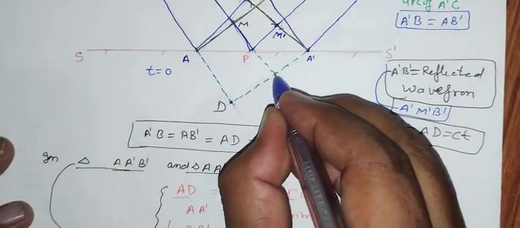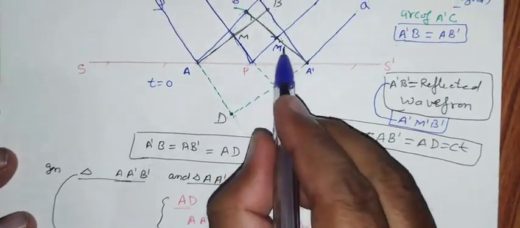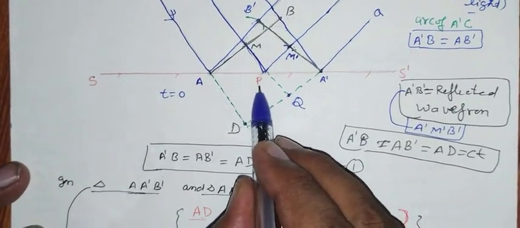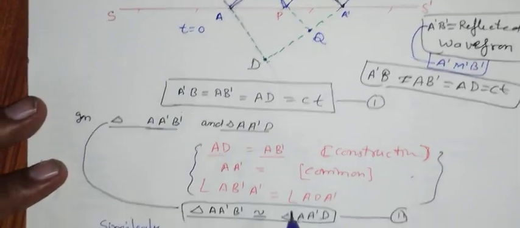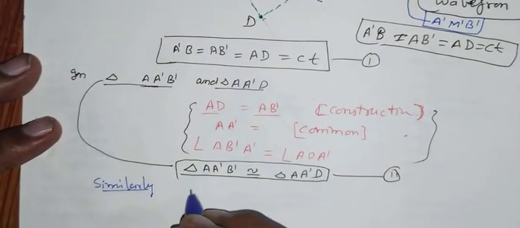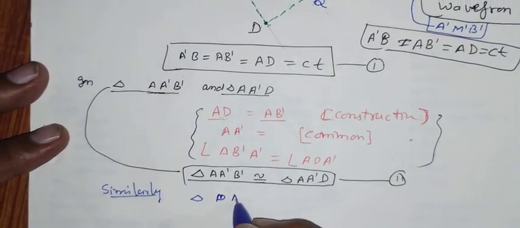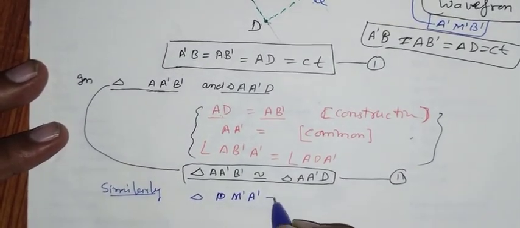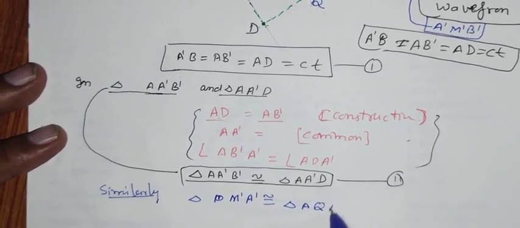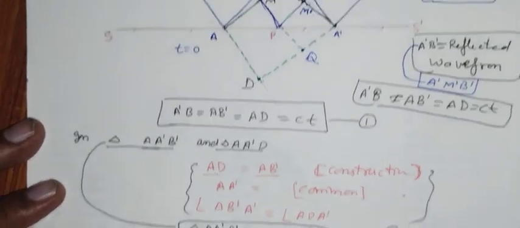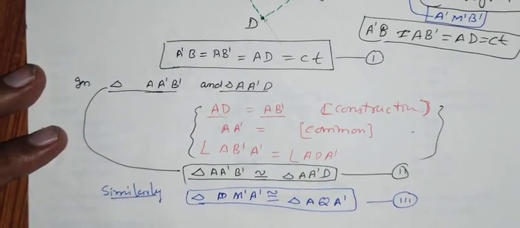If we consider this point as Q, then triangle PA'M' is congruent to triangle PQA'. So the same thing we are going to write here: triangle PM'A' is congruent to triangle PQA', represented by equation number 3.